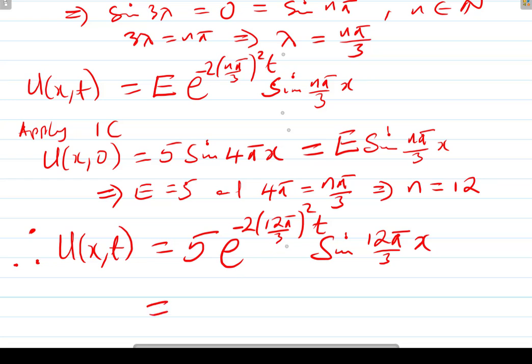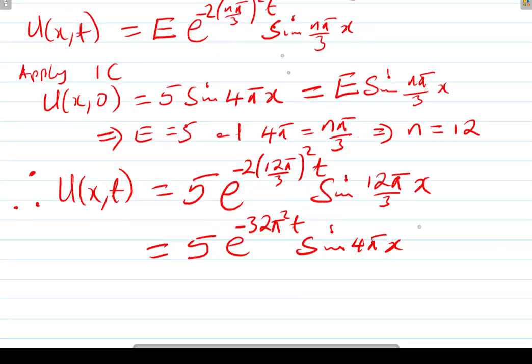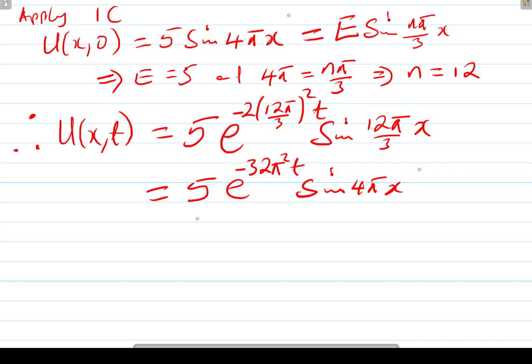And then what is this? 3 into 12 is 4, 4 squared is 16. So we have 5 e to the power 16 times negative 2, which is negative 32 π² t, and then sine 4πx. So this would be the answer. Anything missing? No. So this would be the answer.